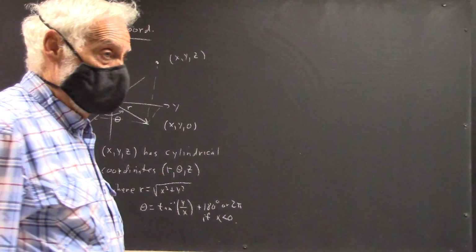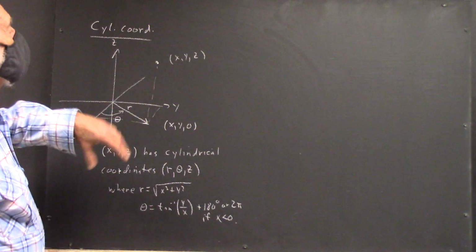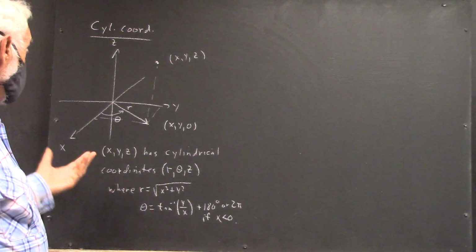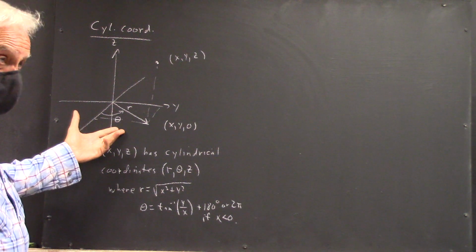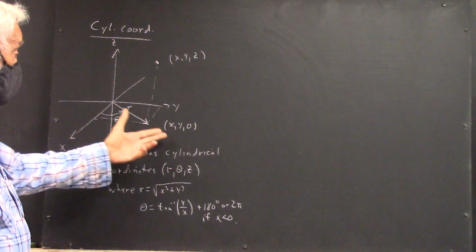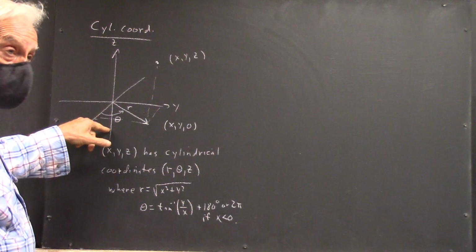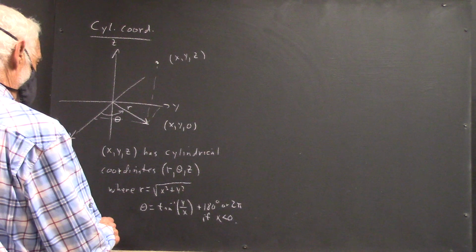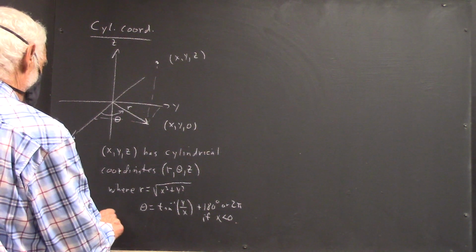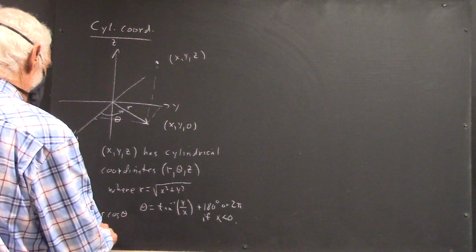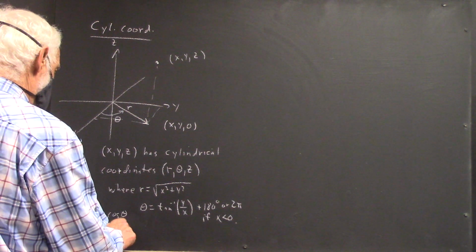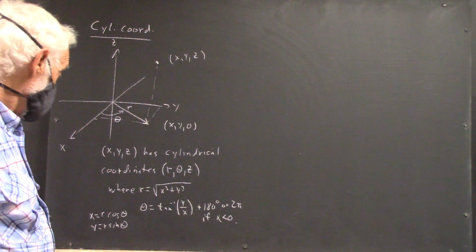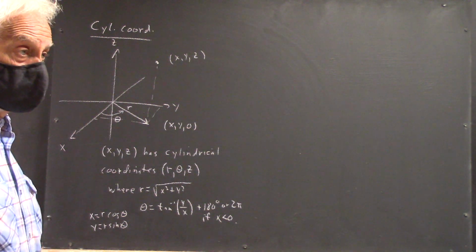Okay? So really all you got to do to move between cylindrical and rectangular coordinates is just what we do with polar coordinates. With the x and y, or with the r and theta. You know, x equals r cosine theta, and y is r sine theta.